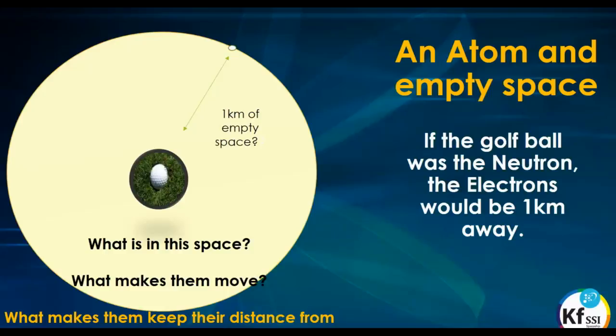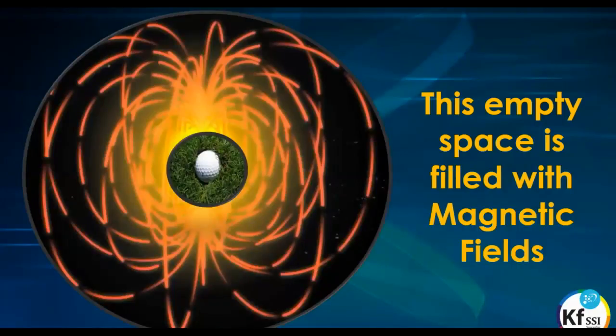So we have to ask the question, what is in the space? What makes the electron move in relation to the protons and neutrons in the middle, and what makes them keep their distance, because there is a huge amount of space in between? Essentially we have to say that this empty space is filled with the magnetic fields.